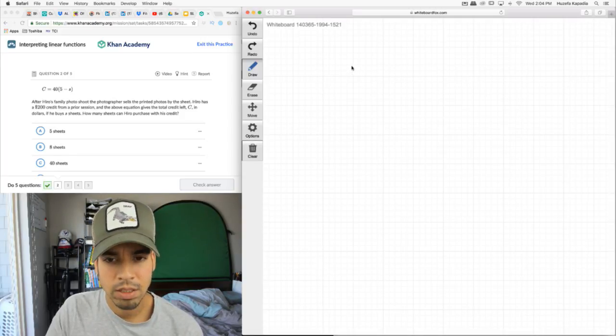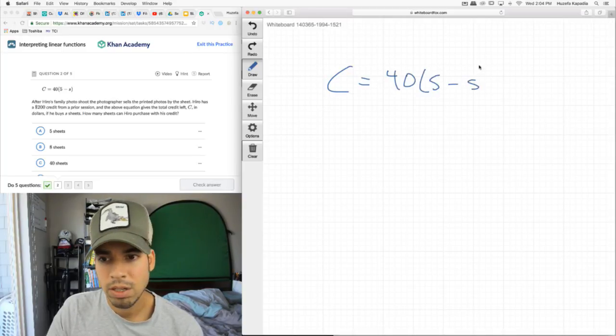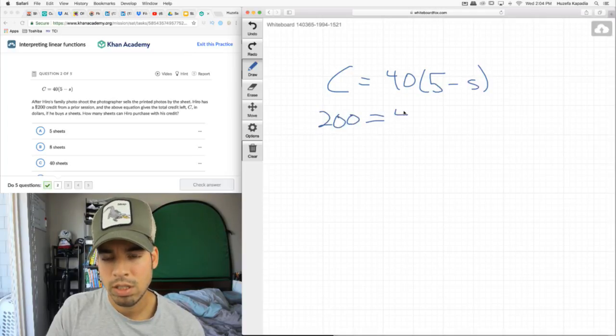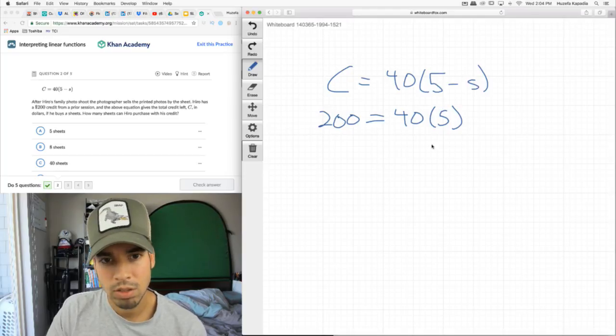The reason why is because, okay, this is my credit. It's a little confusing, and I hate when they use S because it looks like a 5. Right now he's got this credit, which equals 200, and when this equals 200, that S has to equal 0. That's how we get the 200.